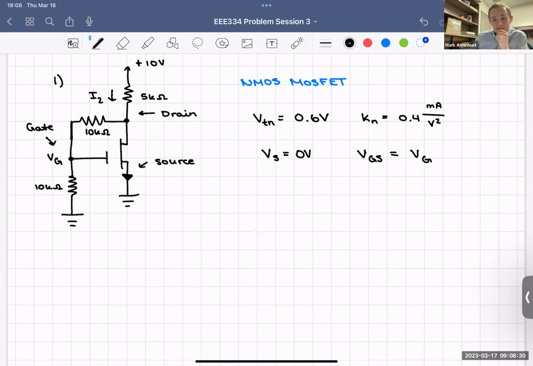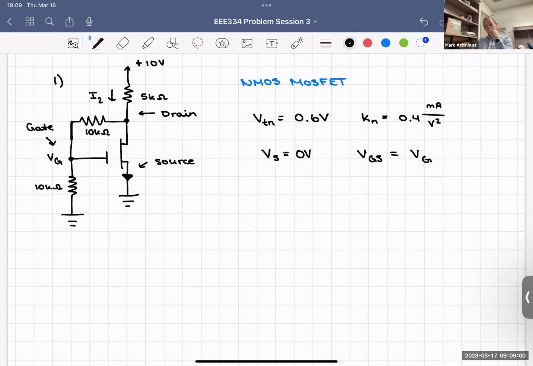To figure out what mode of operation we're in, we need to know if VGS is greater than or less than VT, and we need to know if VDS is greater than or less than VOV.